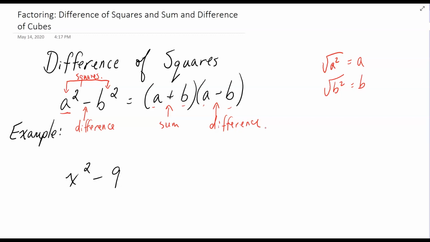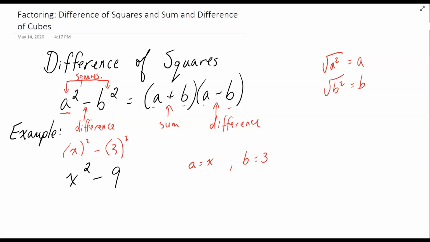Now I've got one here. It's not very hidden. This is the square of x. All right, so it's x squared. And this is also 3 squared. So right away, we can see what our a and b values are for this. In this case, a is equal to x, b is equal to 3.